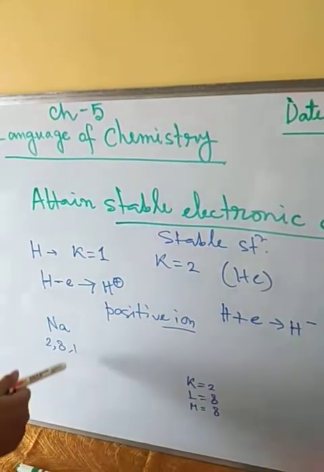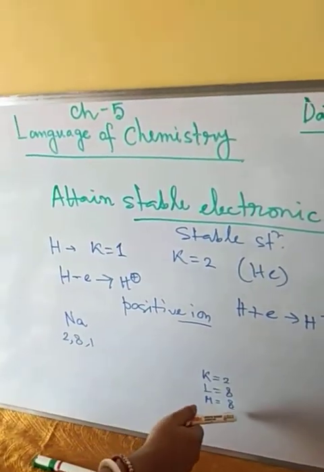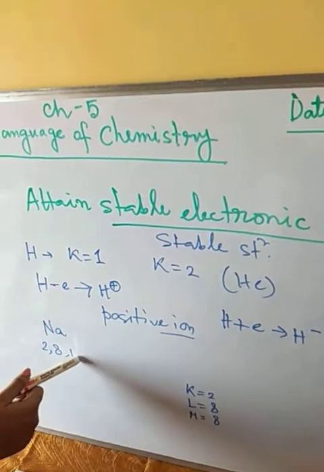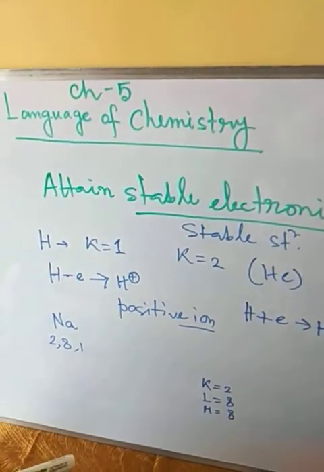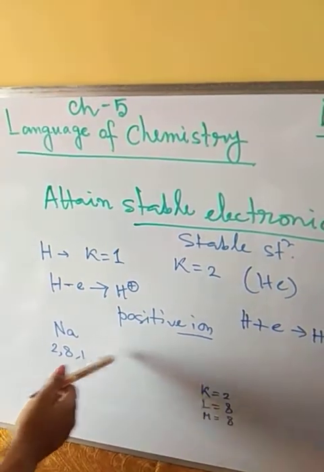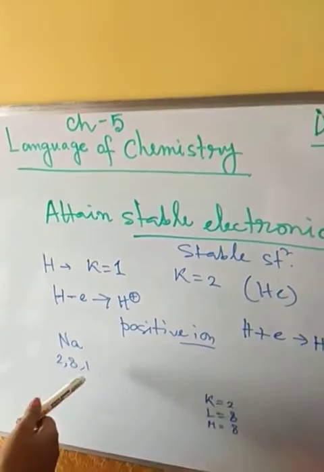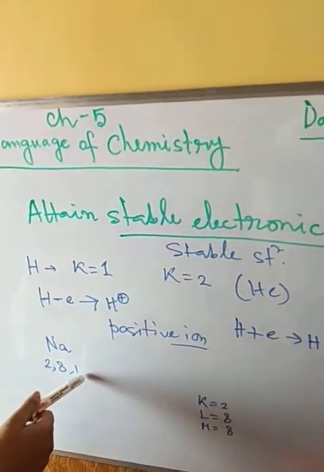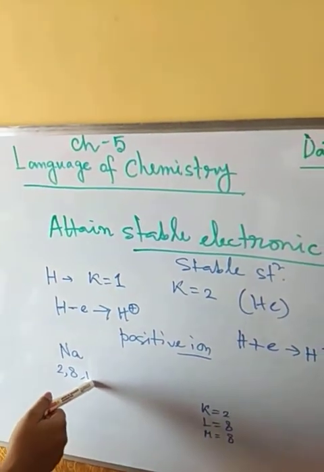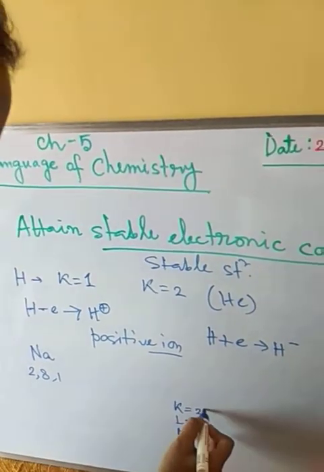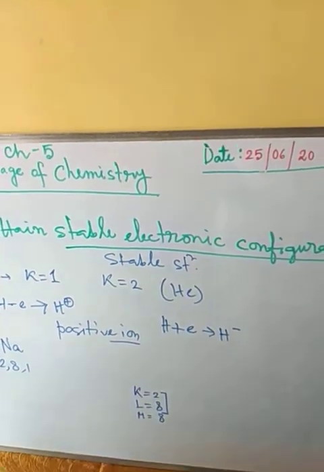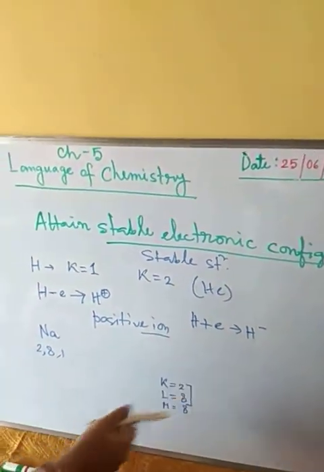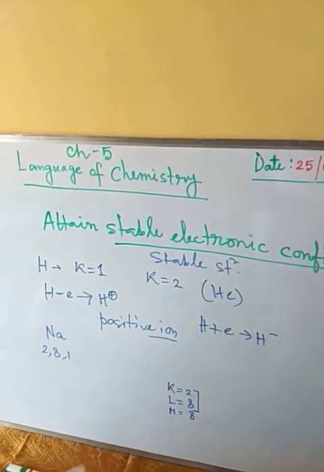Sodium could gain 7 more electrons in the last shell to have 8 electrons, which is stable, but that is quite difficult. So sodium will lose this extra electron which is in the third shell, the last shell, and it will then attain the stable structure of 2,8. In the first shell 2 electrons, in the second shell 8 electrons.